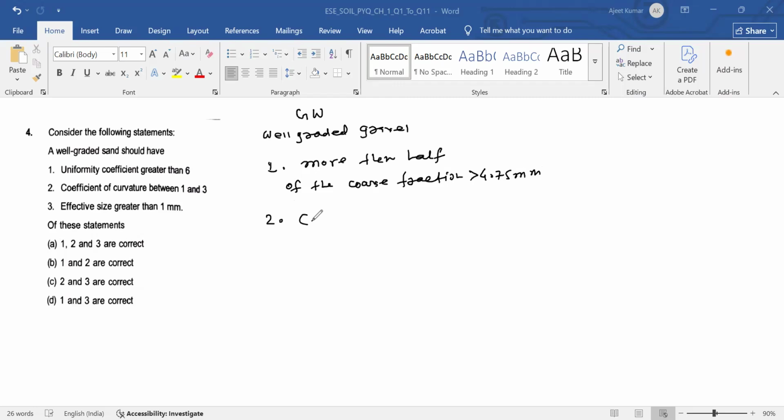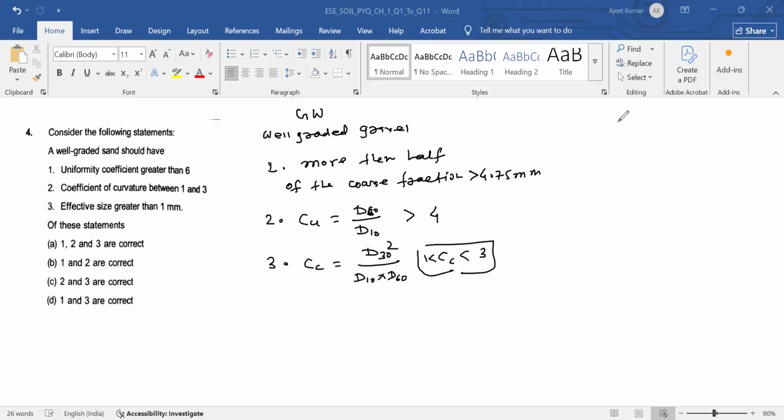Second, Cu, that is D60 by D10, must be greater than 4. And third, Cc, that is D30 square by D10 into D60, must lie in between 1 to 3. Otherwise it will be poorly graded gravel, GP.